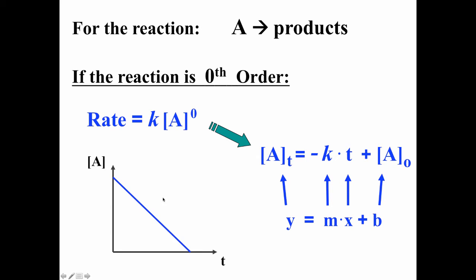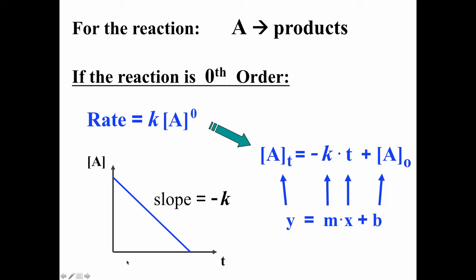And so if we make a graph of data for concentration of A as it changes with respect to time, notice the concentration of A just decreases linearly. So we have a straight line with a negative slope starting at the initial concentration of A0, and the slope of that line will be the negative of the rate constant.